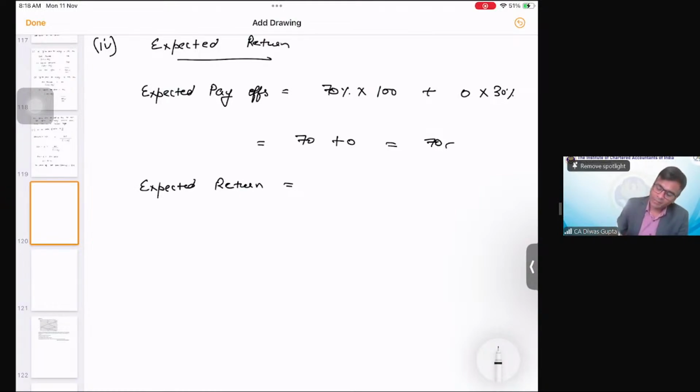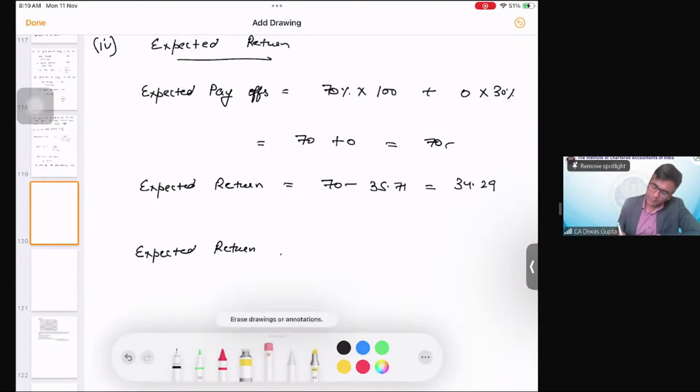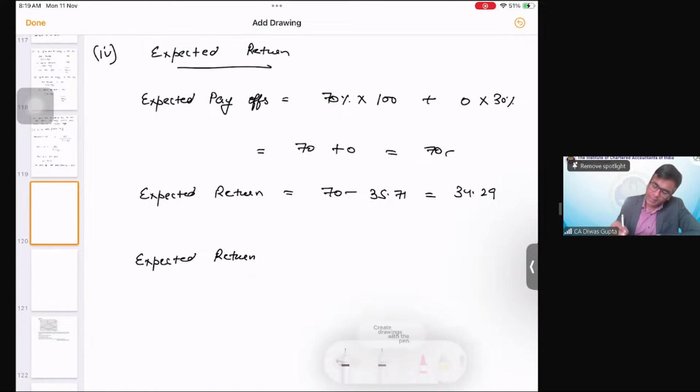So the expected return becomes how much? 70 minus 35.71. So hence the incremental amount is 34.29. And hence the expected return, in terms of percentage also we have to calculate, because generally return is expressed in the form of percentage, right?